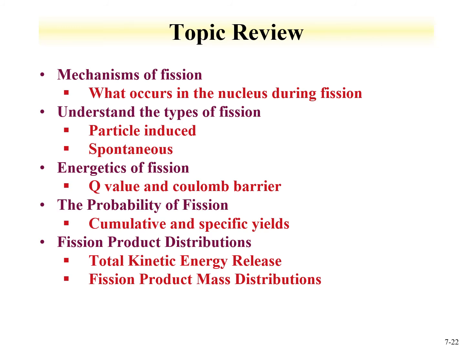This lecture on fission described some important components related to the fission process. One, we described the mechanisms of fission, what occurs in the nucleus during the fission process, how the fission occurs and is driven by a distribution of charge in the nucleus, and that eventually the Coulomb barrier is enough that it overcomes the binding of the nucleons together, inducing a very energetic reaction, producing two excited fission products.